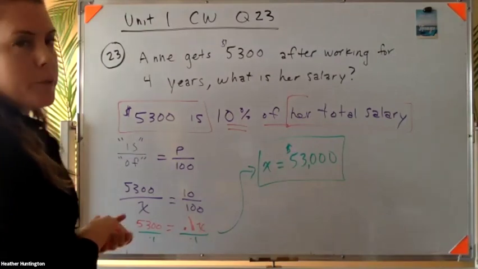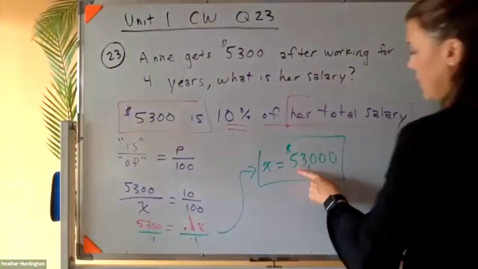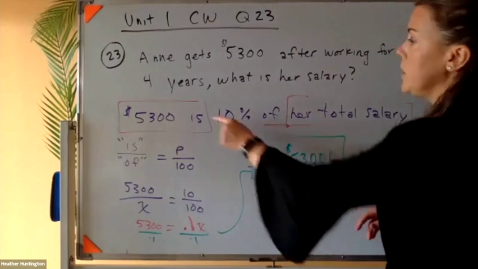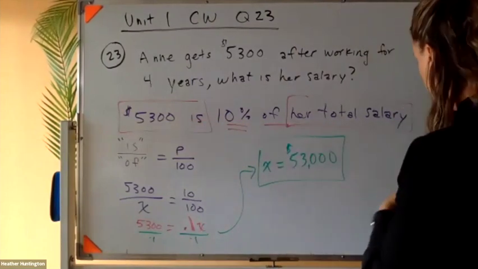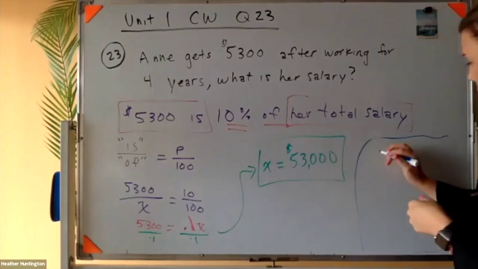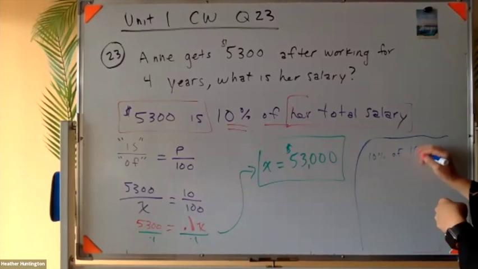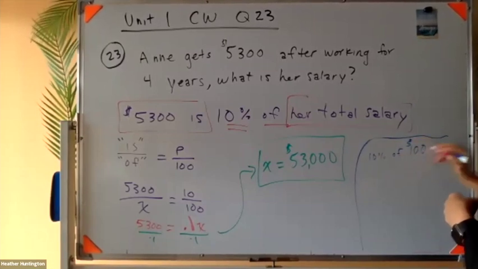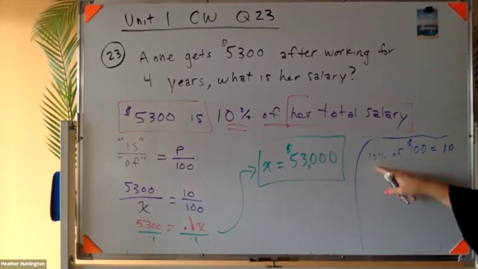So you can check and say, well, what's 10% of 53,000? Well, it is 5,300. Now, let's think about this, mental math. So what is 10% of 100? So we have $100. What's 10% of 100? $10. Percent really means of 100.